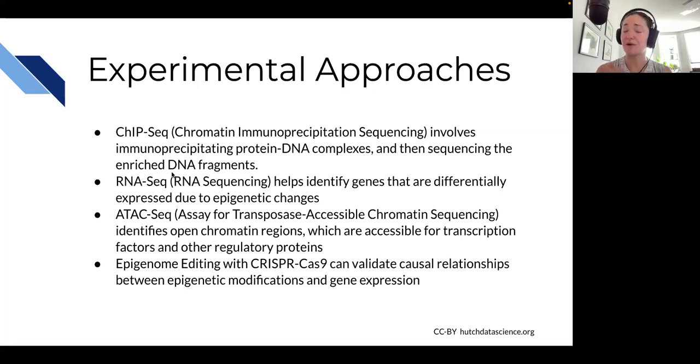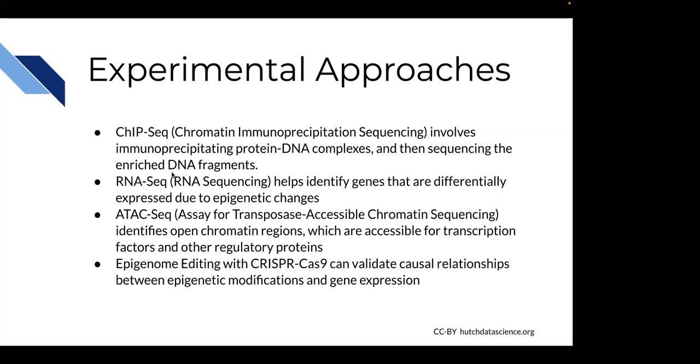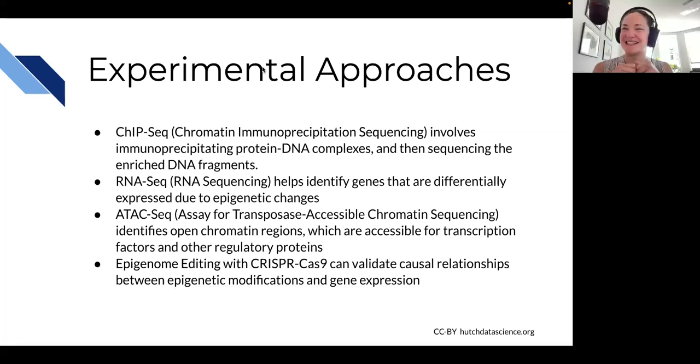RNA-seq is also a really important part of epigenetic work. So RNA sequencing helps us understand the genes that are being expressed in a given environment or a given time. And so if that chromatin is tightly packed, we're not going to be able to transcribe any genes there.